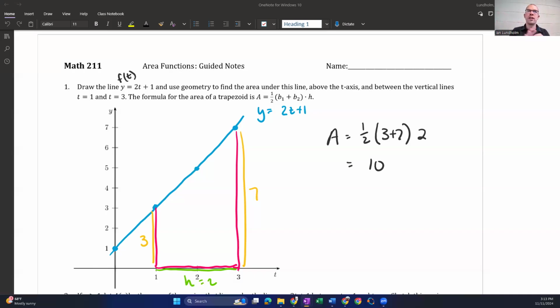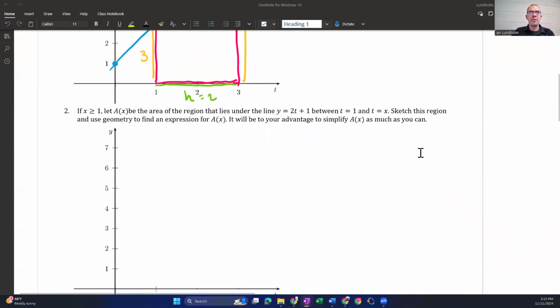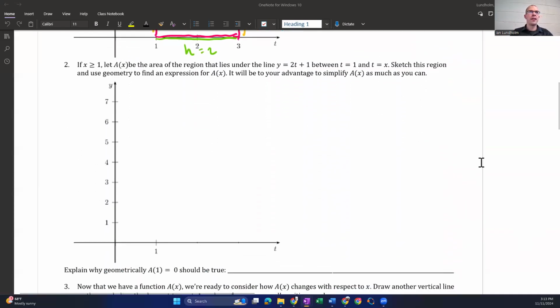That's a good start. So we found the area of one trapezoid, and now we are going to be interested in making this a little bit more general. So now we're going to let x values come in, and we're only going to allow x values that are greater than or equal to 1.